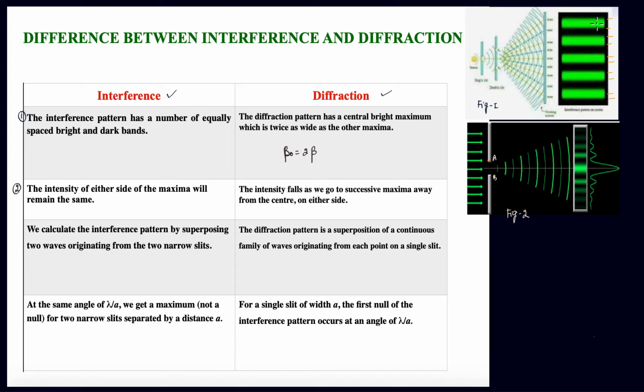This means the intensity of light on the bright bands on the screen will remain the same, whether you are talking about the upside of the screen or the downside. But in case of the diffraction pattern, see here, look carefully at the middle stripe: the central fringe is brighter. Intensity falls as we go to successive maxima away from the center on either side. You see here the central fringe is brighter and then the brightness goes on decreasing.